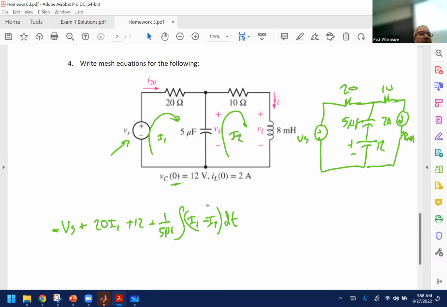Well, that's okay, as long as you said at t equals 0. But isn't this value changing over time? You just gave me the mesh equation for t equals 0, correct? Yeah. So that's the reason why, as long as you had said this, that's perfectly fine. That equals 0. How do we do this next one?